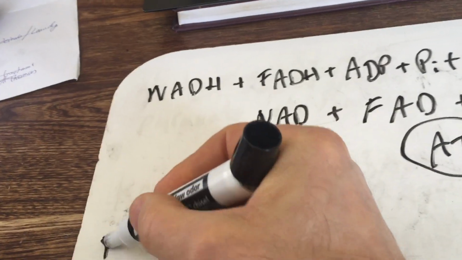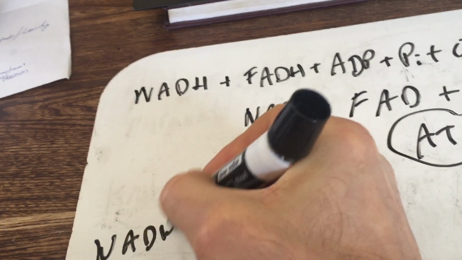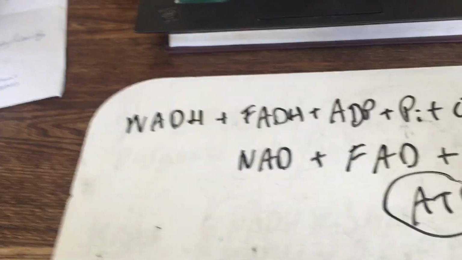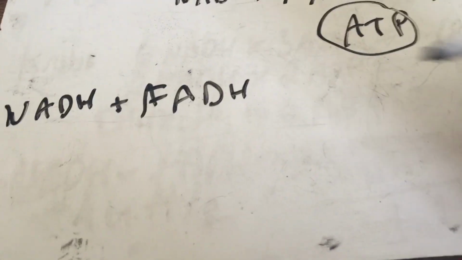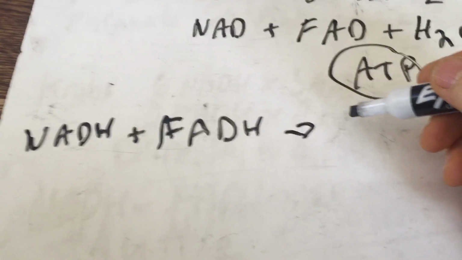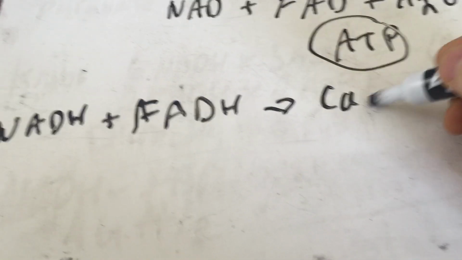So the NADH and FADH, so far we've learned that these come from the Krebs cycle and the pyruvate dehydrogenase reaction. So essentially they come from carbohydrate breakdown.